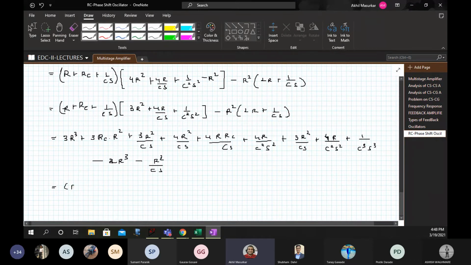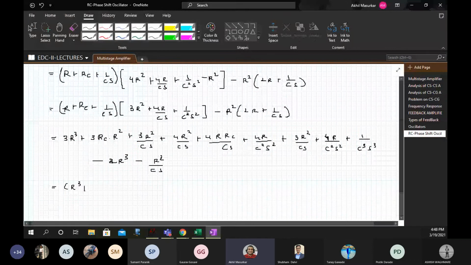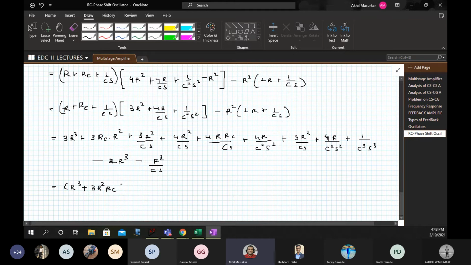So that will be R cube plus 3R square RC plus 6R square.